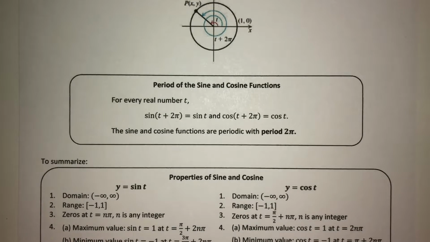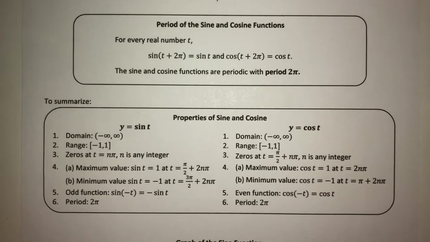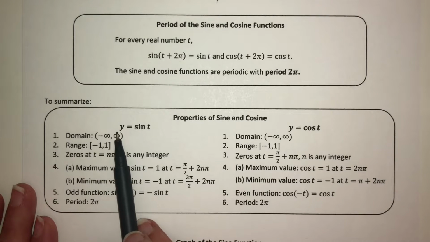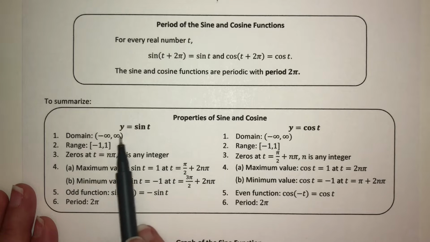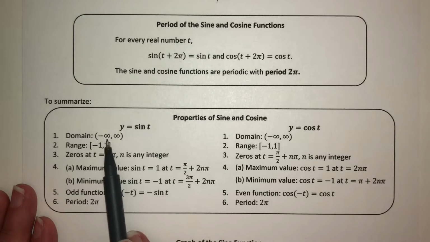Okay, so to summarize what we know so far, if we're trying to talk about y is equal to sine of t, so this is our most basic sine function. Our domain is all real numbers. We can plug any value in for t. Our range is -1 to 1.